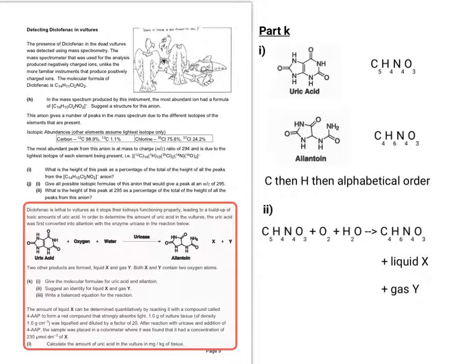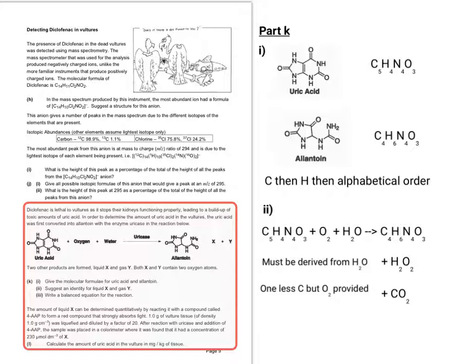So for part II, we're asked to suggest what liquid X might be, and also what gas Y might be. So what we've got to do is look at the 2 formulae. We can see for allantoin there is 1 less carbon, but we've had 2 oxygens. So that gives us CO2.